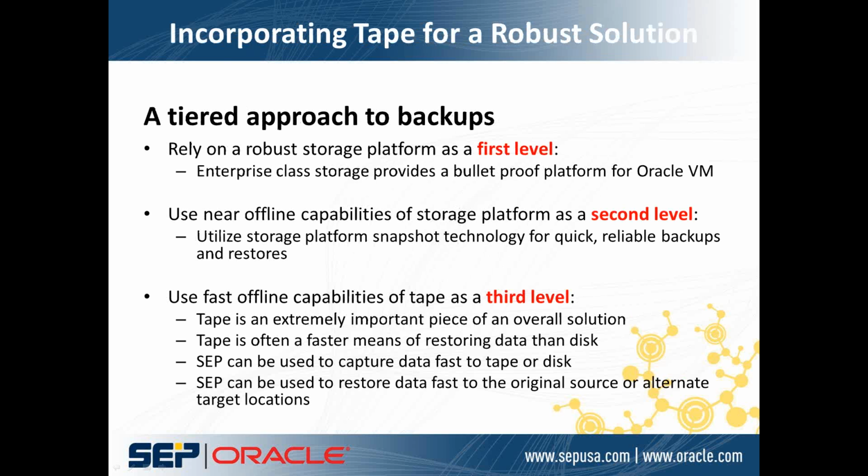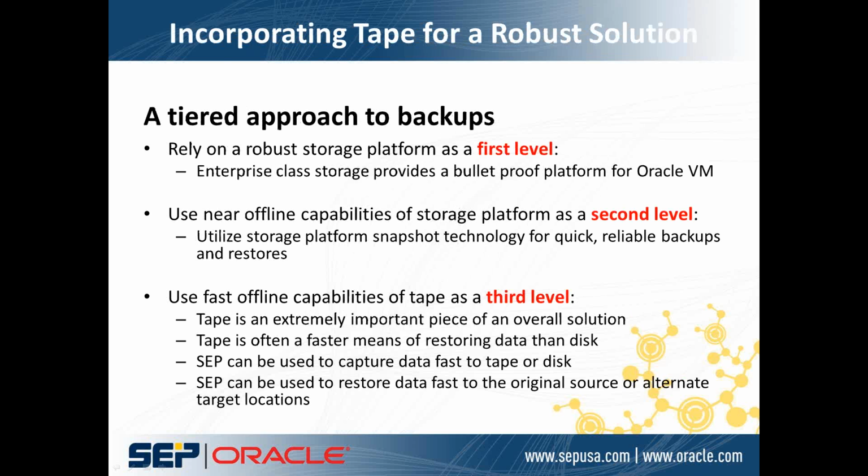You want storage that has RAID on it, so if you lose disk drives, you don't lose data, something that has snapshot capabilities and the ability to remotely replicate from one storage to another, maybe at another site. That is your first level. So you want something bulletproof.